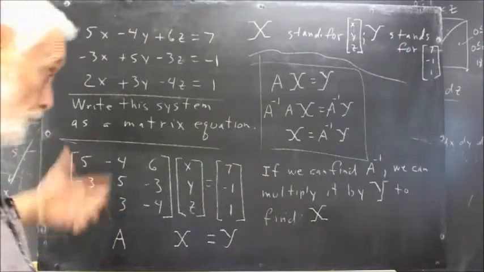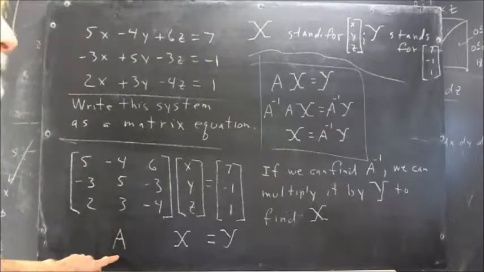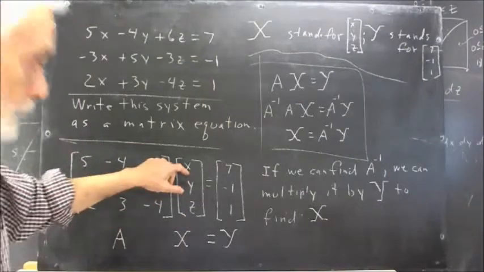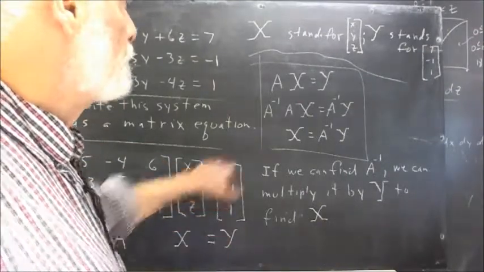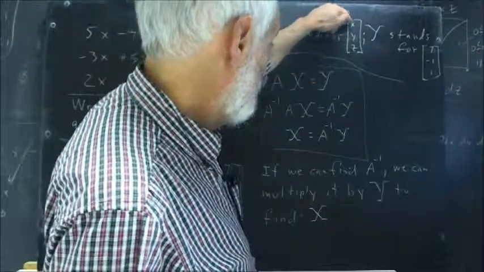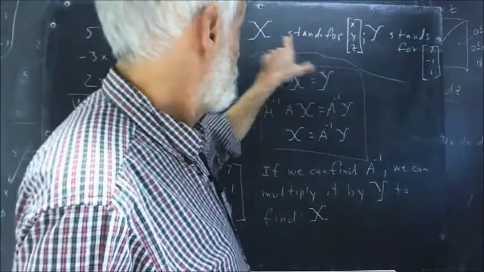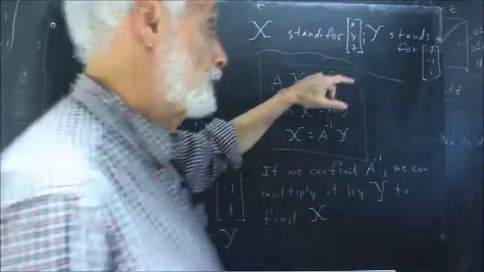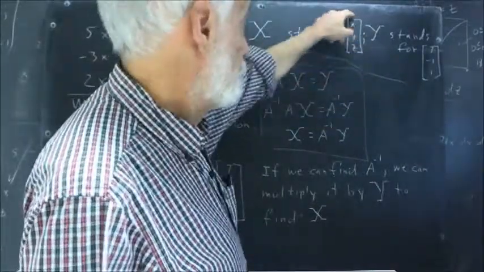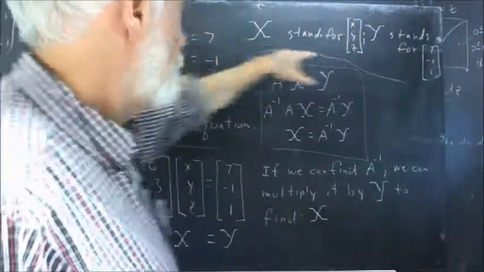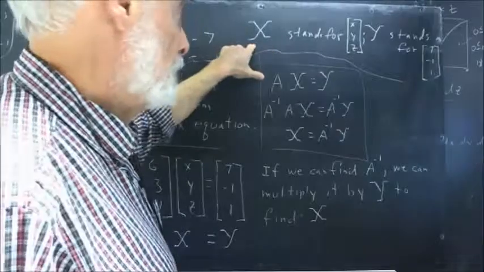Okay, well, what is big X? Well, what's A? A is this coefficient matrix. Big X is this matrix. Y is this matrix. So big X stands for little x, little y, little z. Big X and little x have nothing to do with each other, except, of course, that little x is one of the quantities in this column matrix.